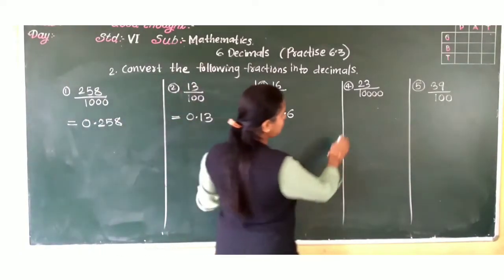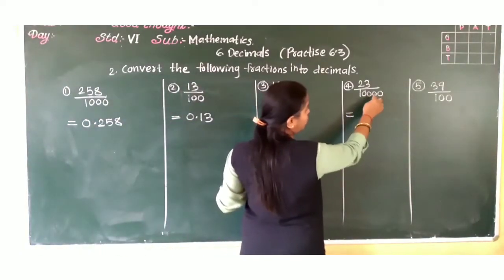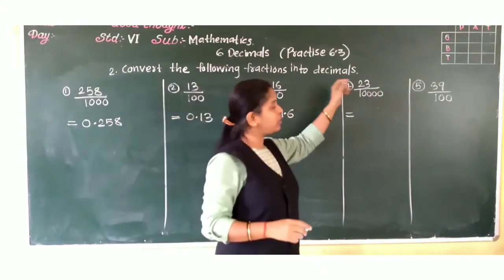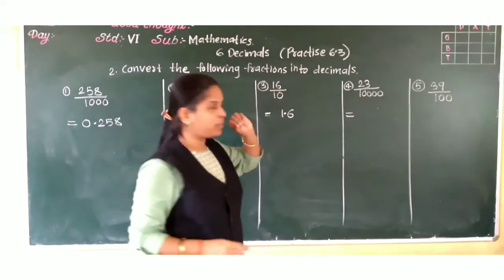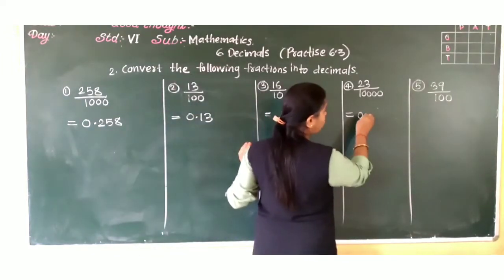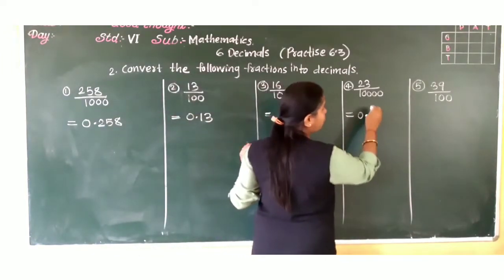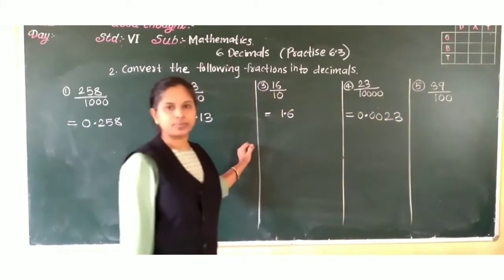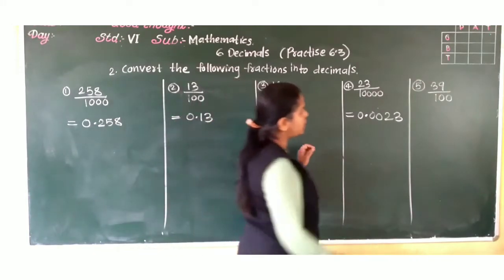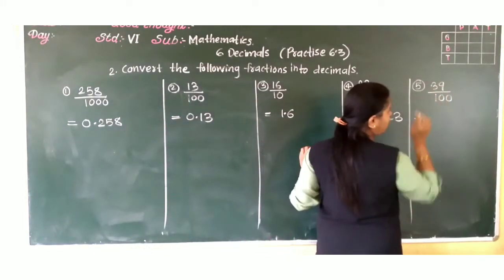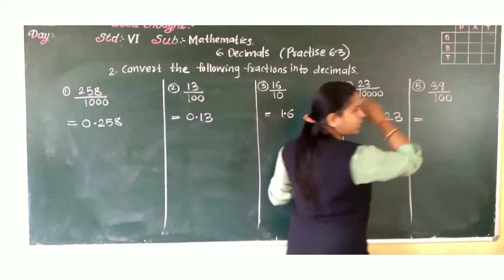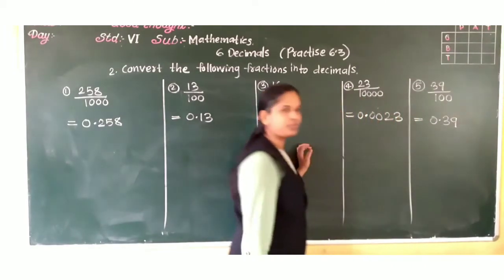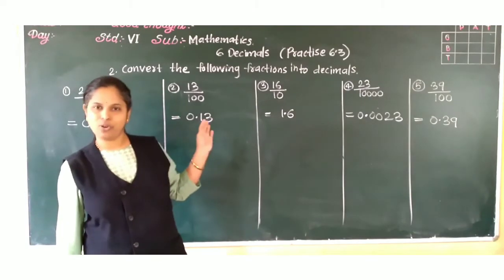Now here see, 1, 2, 3, 4. 4 zeros are there. So the numerator also, what should be there? 4 digits should be there. They are not there. So how to make them 4? So before 23 write 2 zeros over. Correct? Now here see 39 upon 100. 2 zeros are there, 2 digits are there. So whole part nothing, 0.39. Very easy it is. Followed?